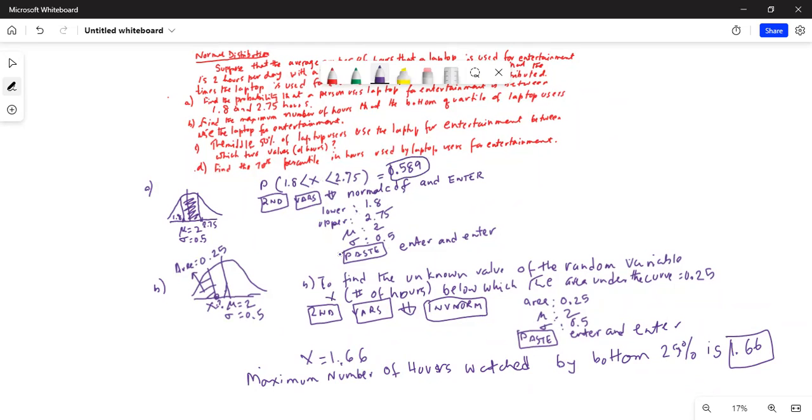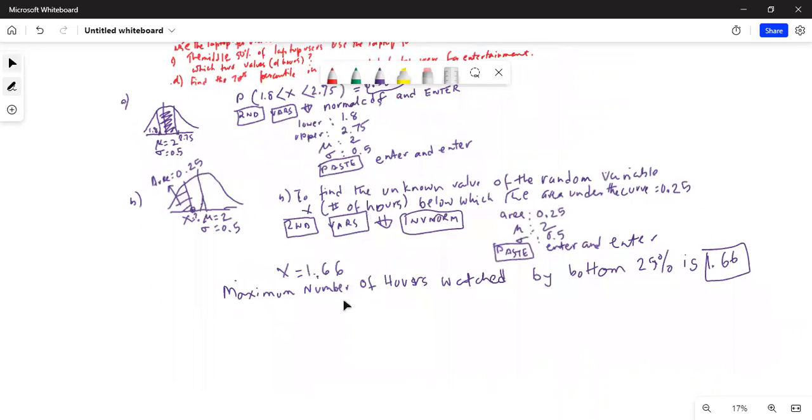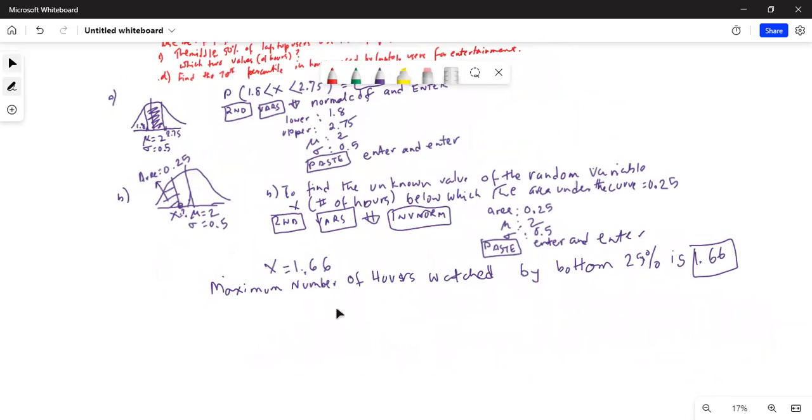Part C, the middle 50% of the laptop users use the laptop for entertainment between which two values of hours? Okay, so I have to create some space here. Part C, middle 50%.